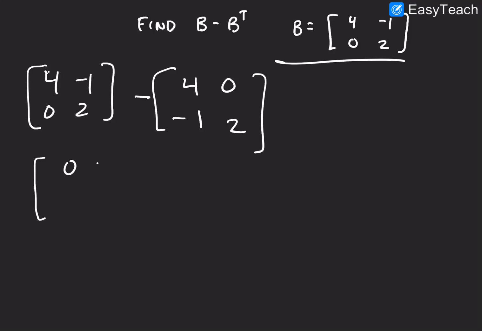See, this is why we have to pay attention to the signs, because sometimes that might become a positive one. Let's see, 0. Oh, another reason why we have to pay attention. 0 minus a -1 is 1. And we have 0 for 2 minus 2. So this is equal to B minus B transpose.